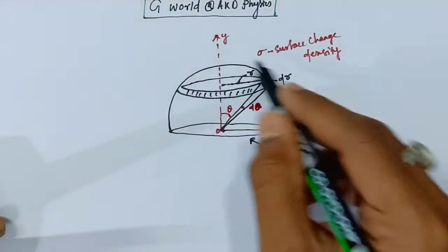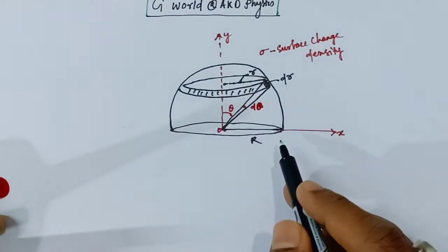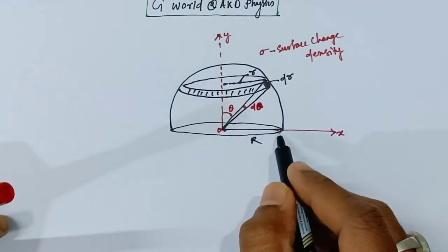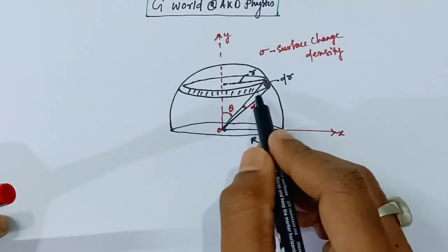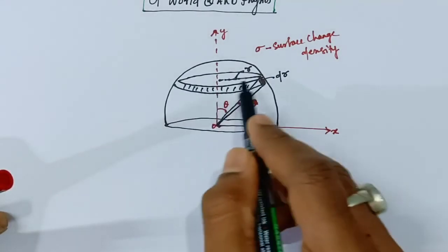So I consider a non-conducting hollow hemisphere having surface charge density sigma and radius r. I know that the hollow hemisphere is an extended body, so I will consider an element. In case of a hollow hemisphere, if I cut it, I will consider the element as a ring.